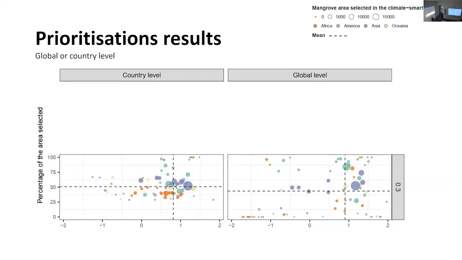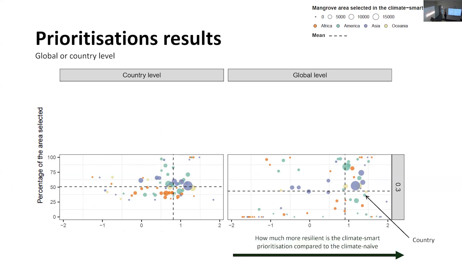And here I'm showing another graph that shows the results at country level. So each dot is a country, right? And the size of the dot shows the mangrove area that is selected in the climate smart solution. So larger dots are those where we select more area. And we are trying to compare the resilience of the climate smart solution in the country with the climate naive solution.